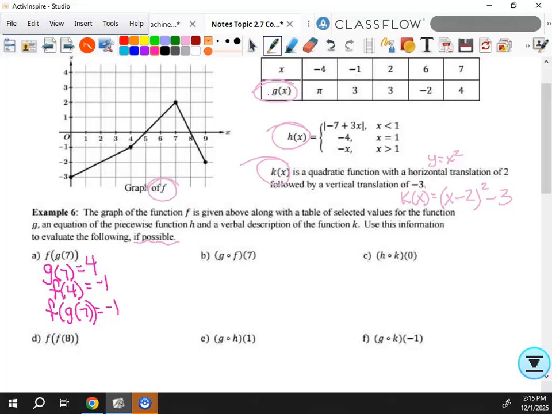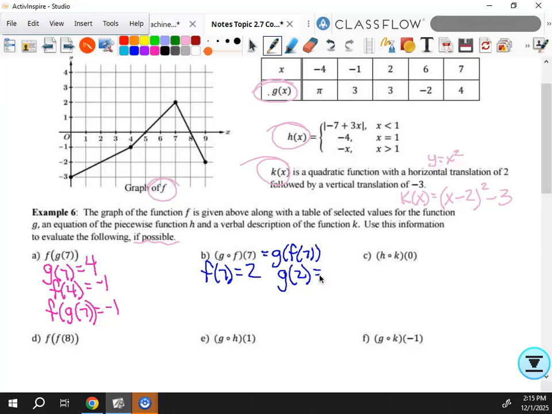All right. Now I have g of f of 7. I'm going to rewrite it like that, g of f of 7, so there's no question about what we're doing first. We need f of 7 first. Where do I look for that? The graph. And f of 7 is 2. Then I need g of 2.